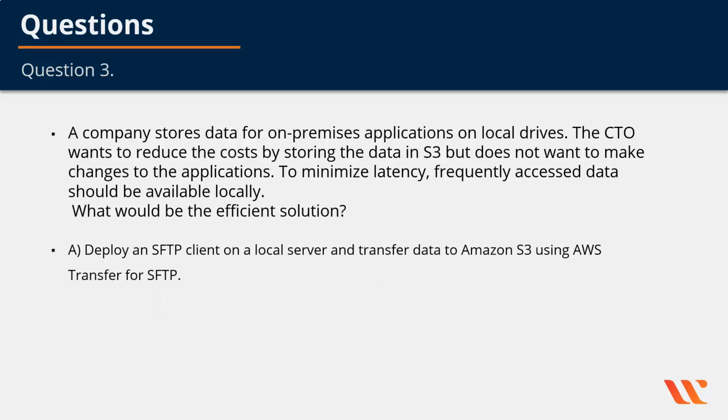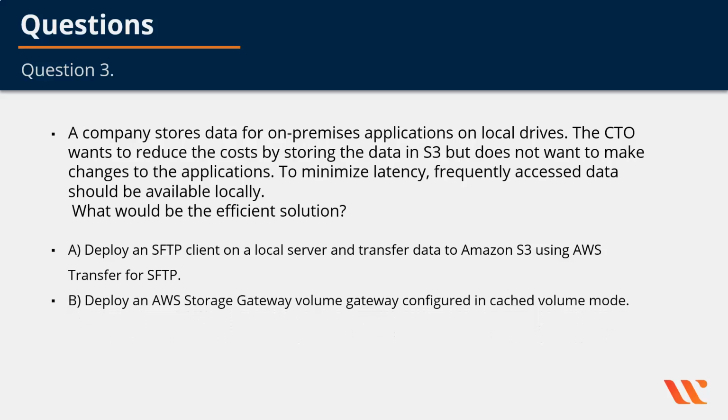Deploy an SFTP client on a local server and transfer data to Amazon S3 using AWS Transfer for SFTP. Deploy an AWS Storage Gateway, Volume Gateway configured in cached volume mode.